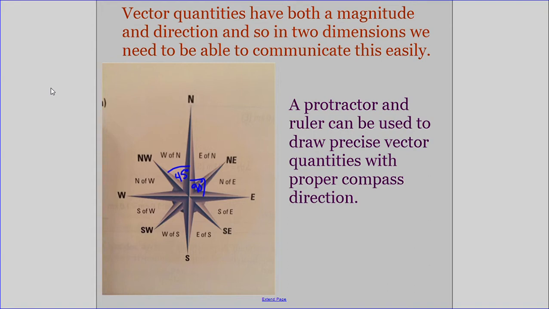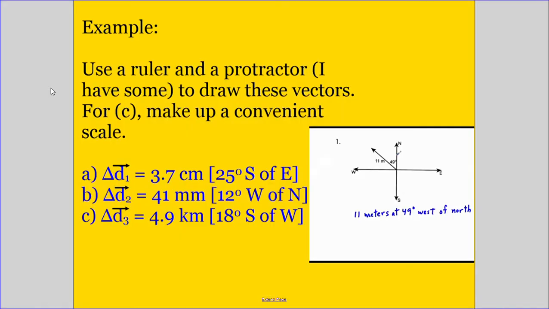But what if it's greater than that 45 degree marker, and what if it's something that's a little bit smaller? How do we start to write those out to show them? As an example, to start us off, we'll get a ruler and a protractor, and I have some that are available to draw these vectors out.